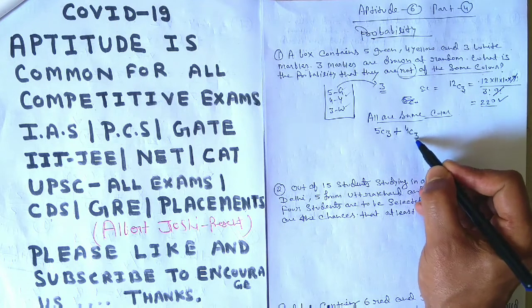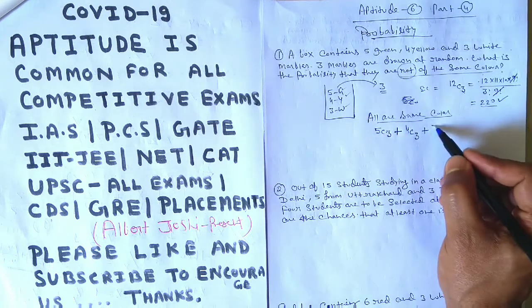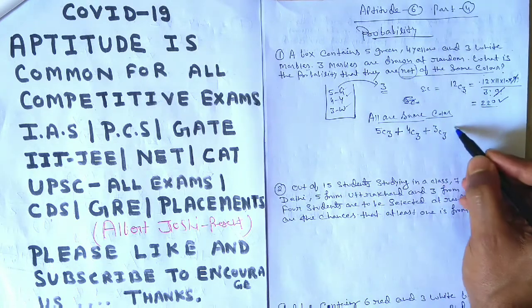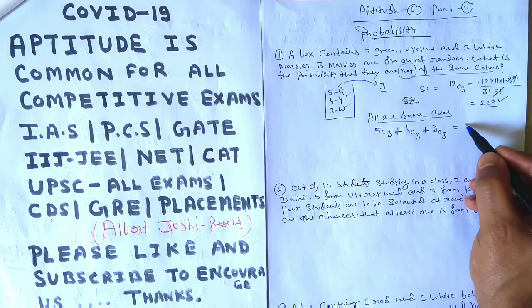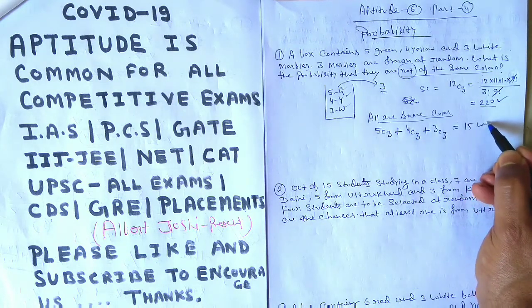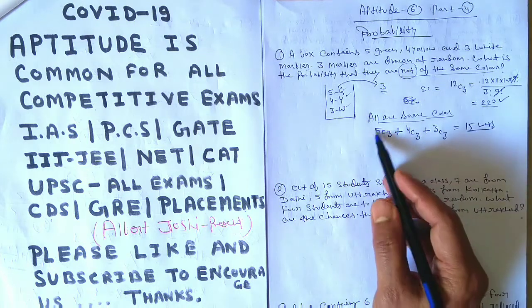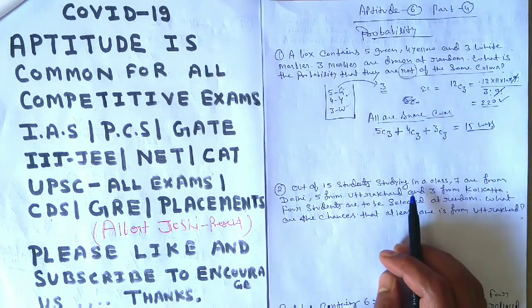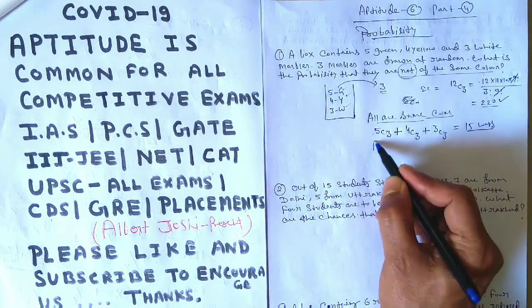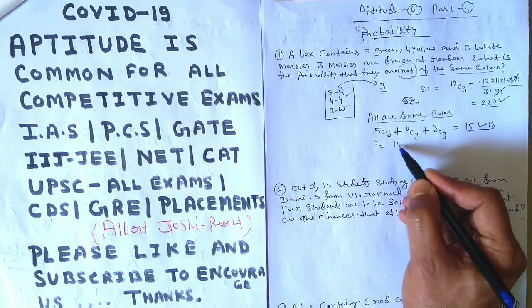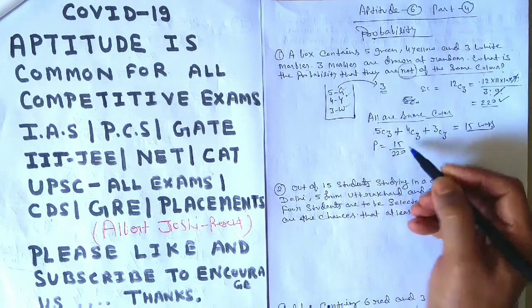Out of 4 you have to select 3, or out of 3 you have to select 3. If you solve it, you will get 15 ways. So these are the ways all the colors are the same. So your probability for the same color is 15 upon 220.